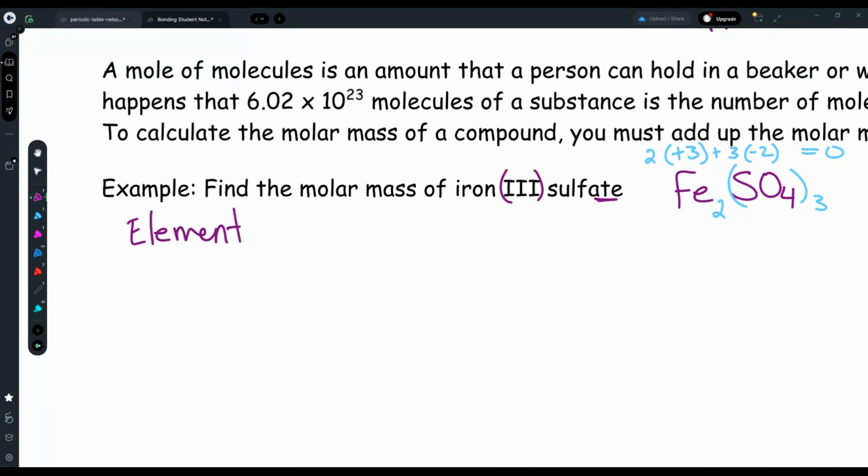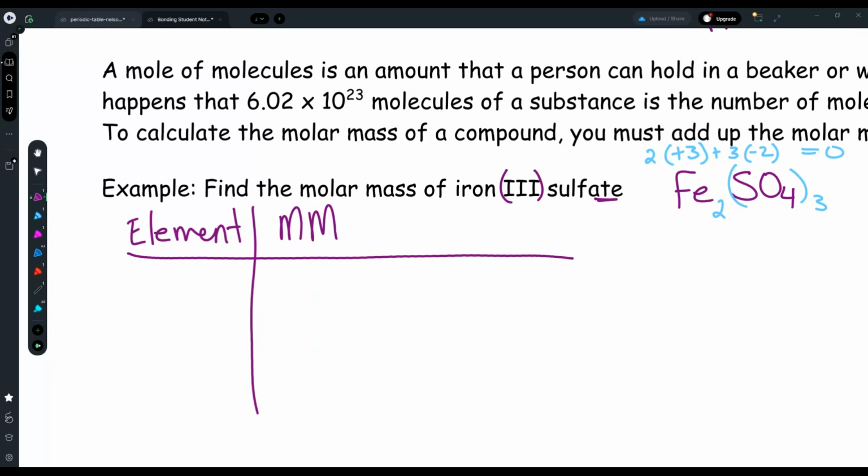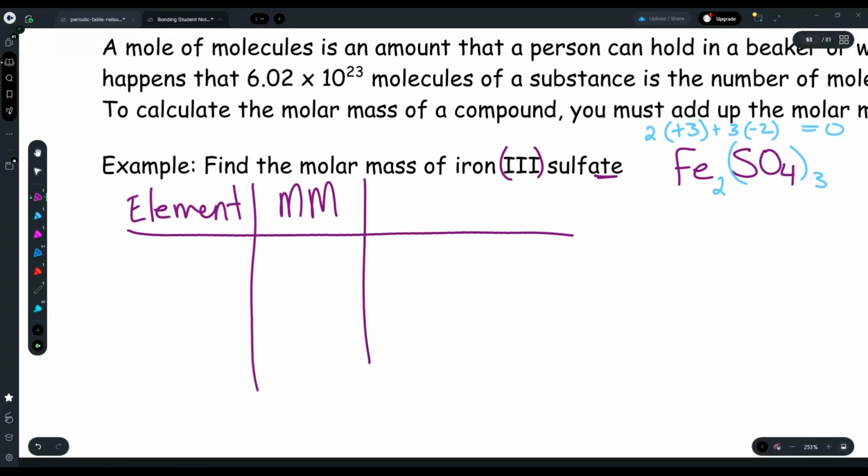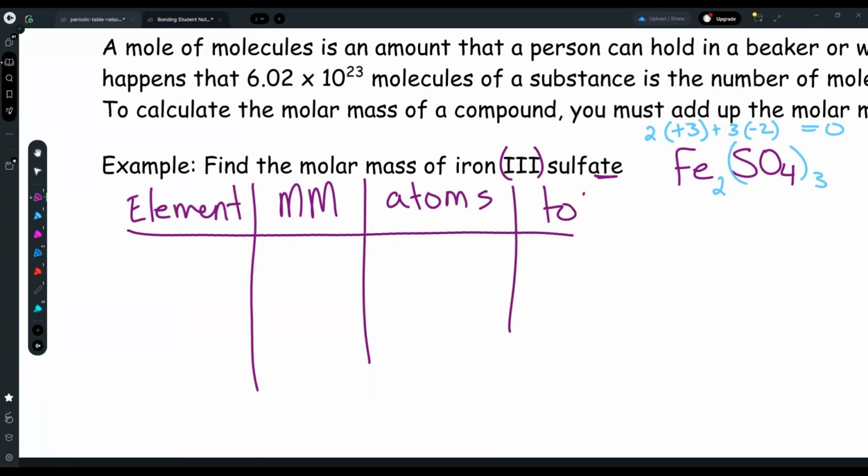First we're going to break up the substance into each element that makes it up, and then the molar mass, which I'm going to abbreviate to capital M, of each of those elements. We'll need to know how many atoms of each element we have, and then we'll have a totals column.